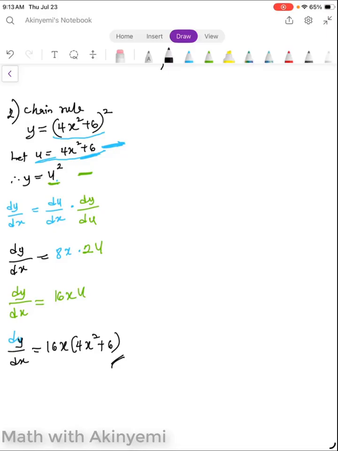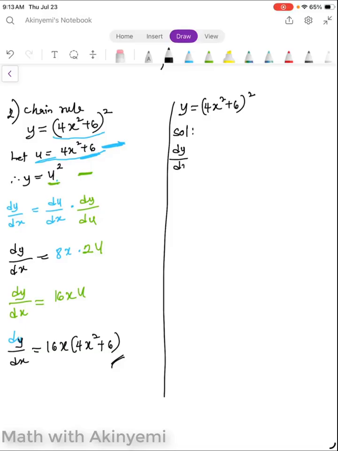So another way to solve it is to say, let's say y equals (4x squared plus 6) squared, right? So dy over dx will be equal to, we differentiate this by bringing the power 2 down, we have 2, and then we differentiate the inside as well, into brackets 8x.